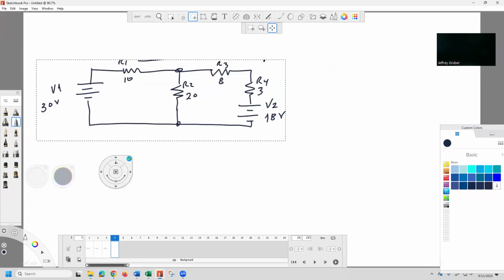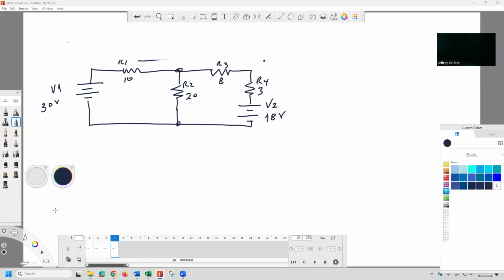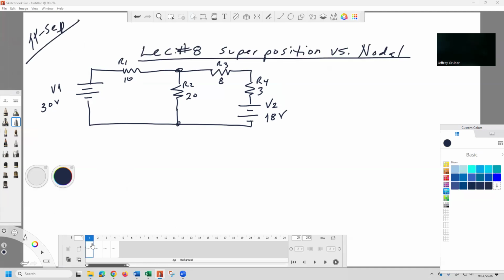That should be. So here's the mission: find VAB, from there to there. Find VAB.